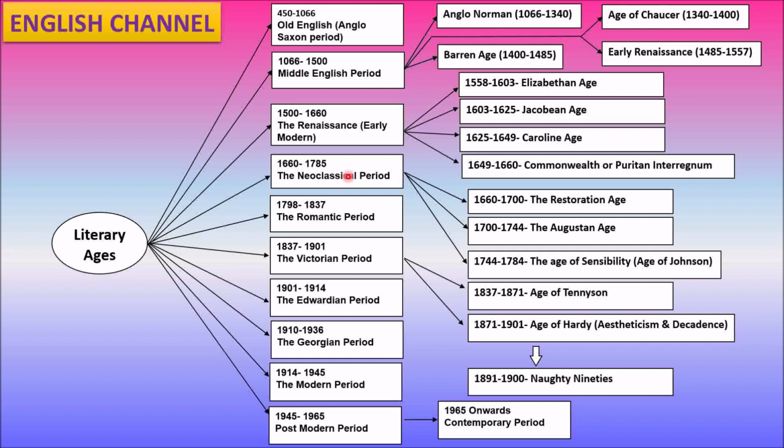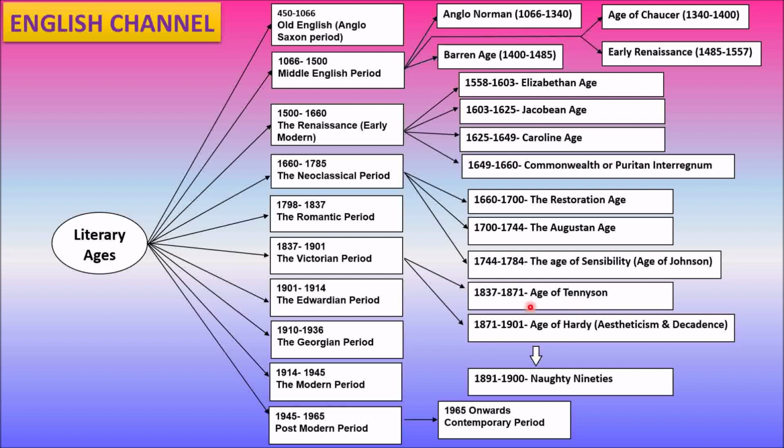So friends, next, 1837 to 1901, known as the Victorian age, the great Queen Victoria. As we see, this age can be divided into two parts. The age of Tennyson. Of course, Tennyson is known for his poet laureateship, and In Memoriam, Locksley Hall, The Idylls of the King. There are so many works written by Lord Tennyson.